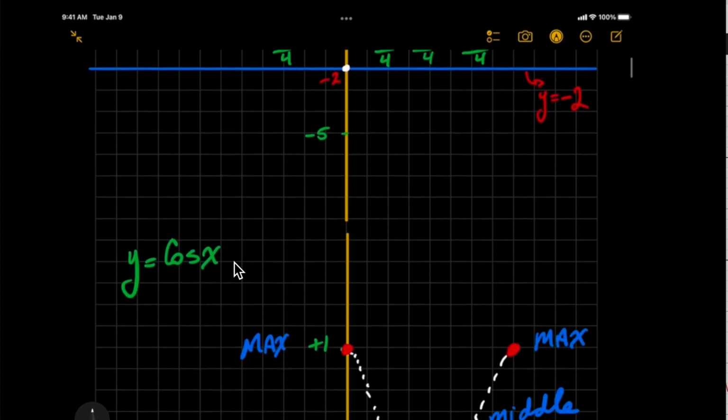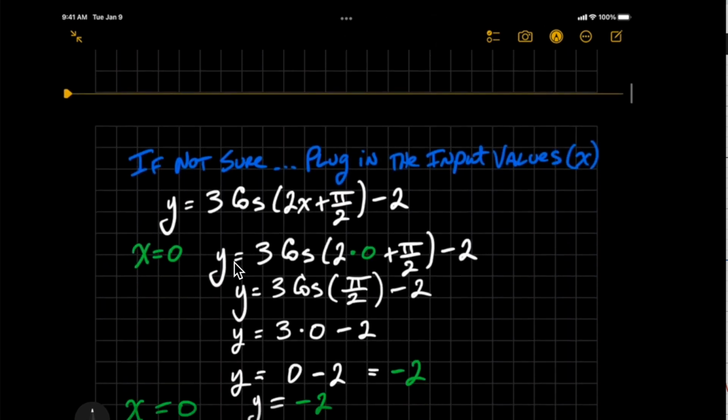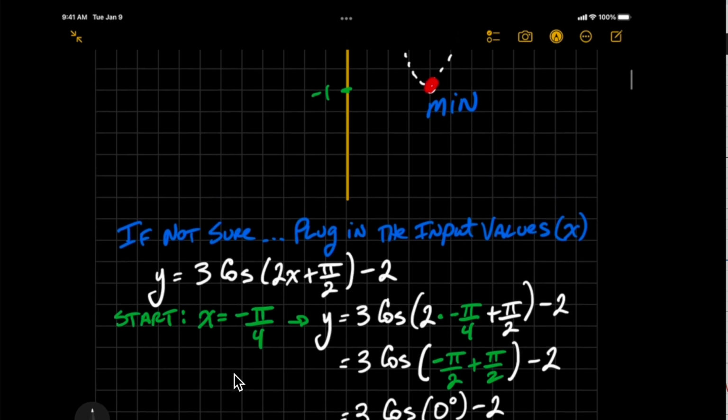Folks, again, if you're not sure where to put that point, here's our second point. We're plugging in x equals 0. When you do the math, you end up with y equals -2. And recall, that is our horizontal axis of symmetry in our transformed graph.